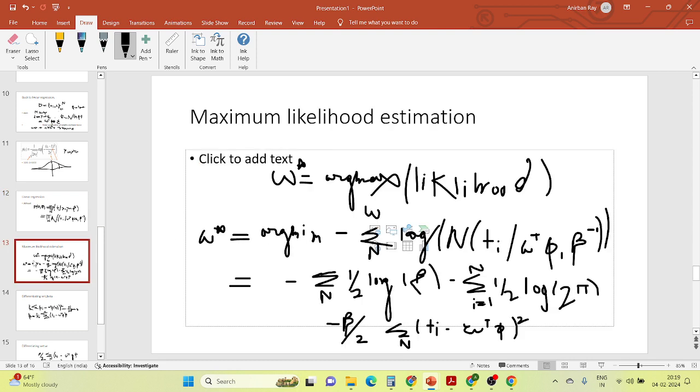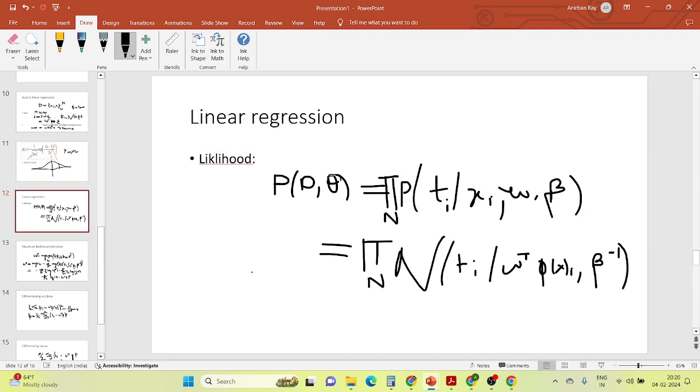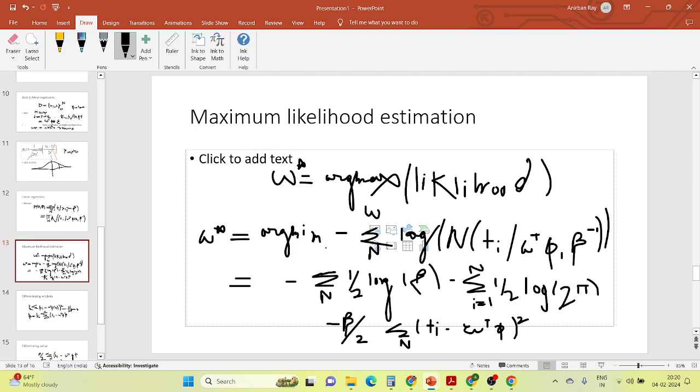For that, we need such values of w that this probability is maximized. So for that we need to take the derivative with respect to w.